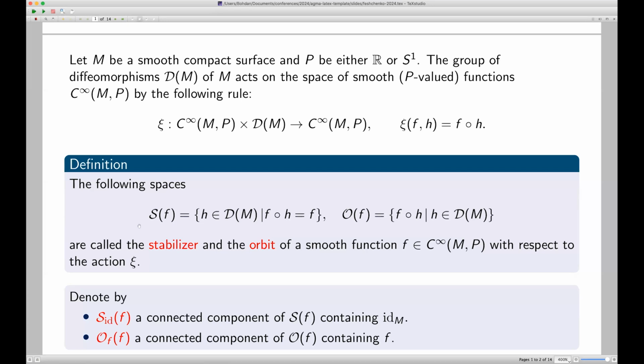The stabilizer is a subgroup of the group of diffeomorphisms preserving the function.